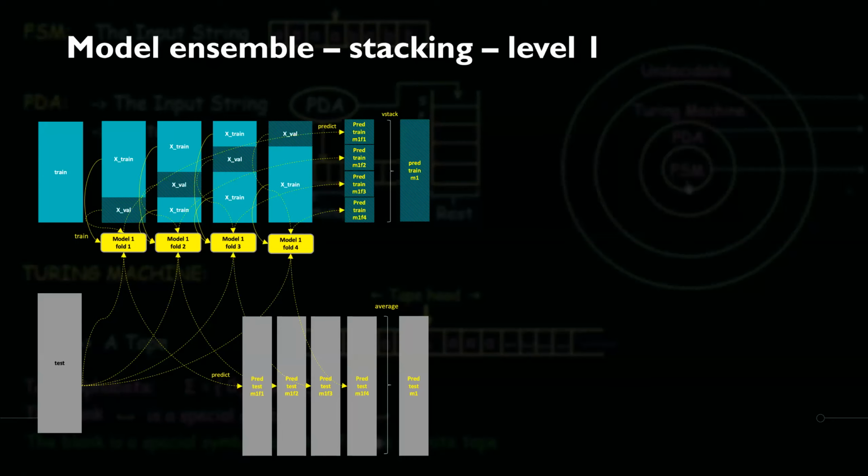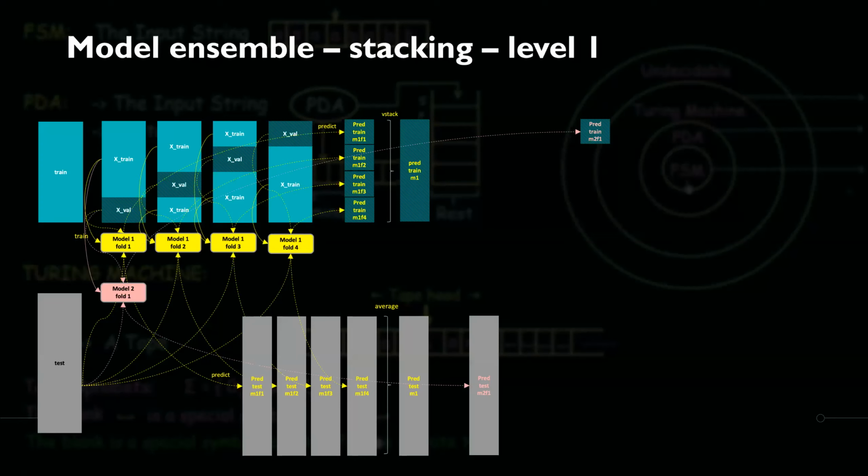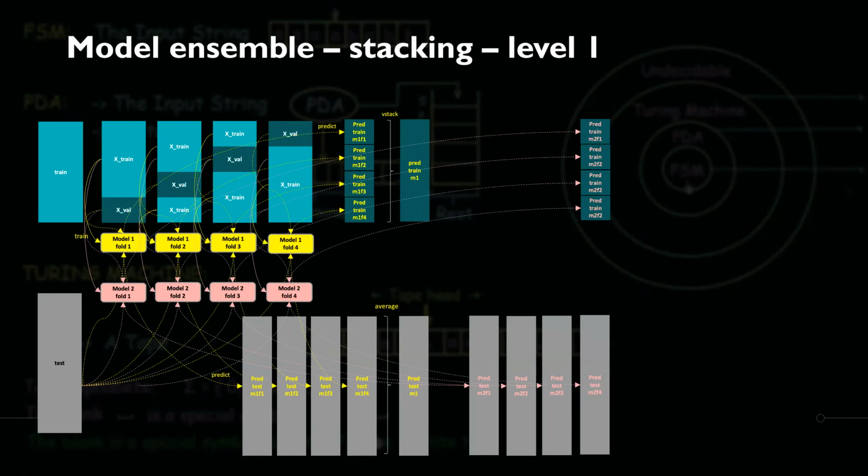Therefore, we end up with 1 set of predictions for train data and 1 for test data. The predictions were made by 1 model. And let's say we would like to train another model with a different algorithm, and we repeat the process.